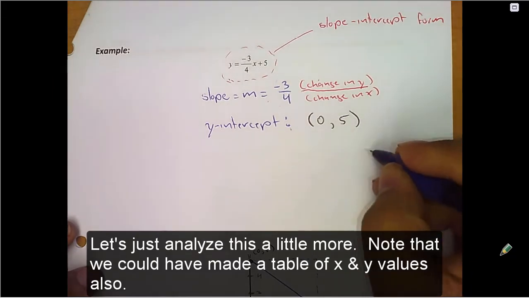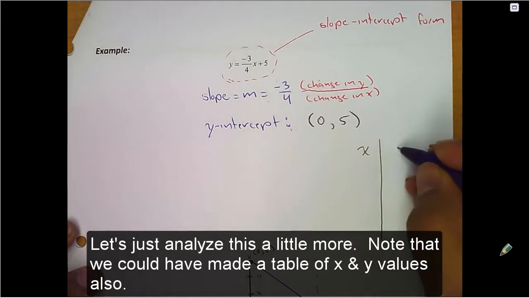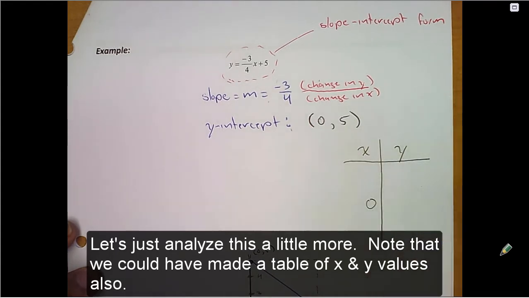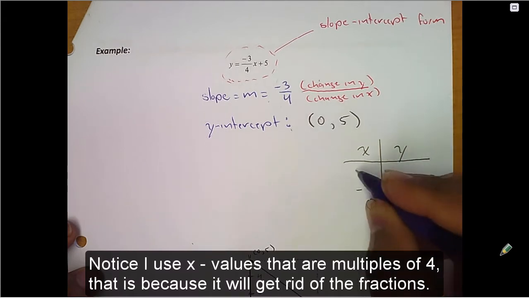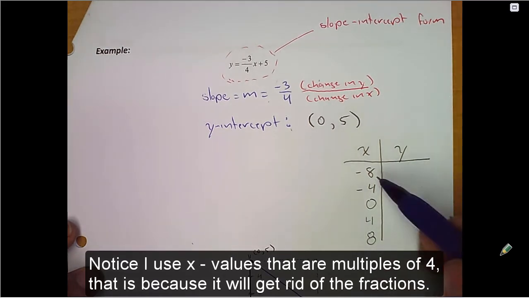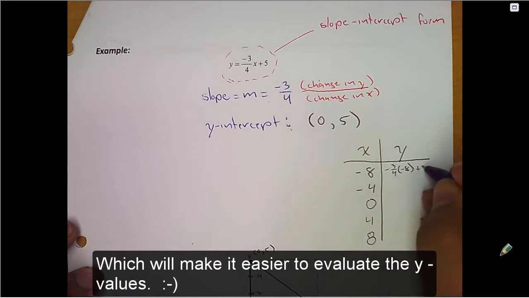Let's just analyze this a little more. Note that we could have made a table of x and y values also. Notice I use x values that are multiples of 4. That's because it will get rid of the fractions, which will make it easier to evaluate the y values.